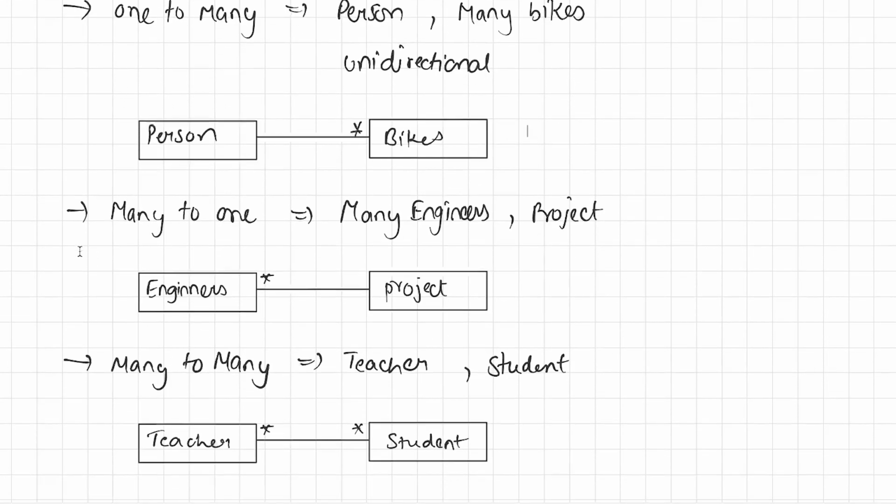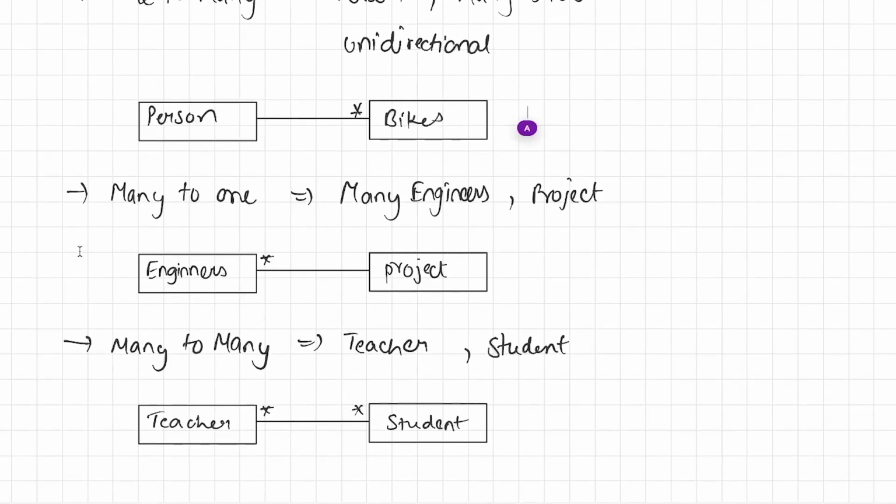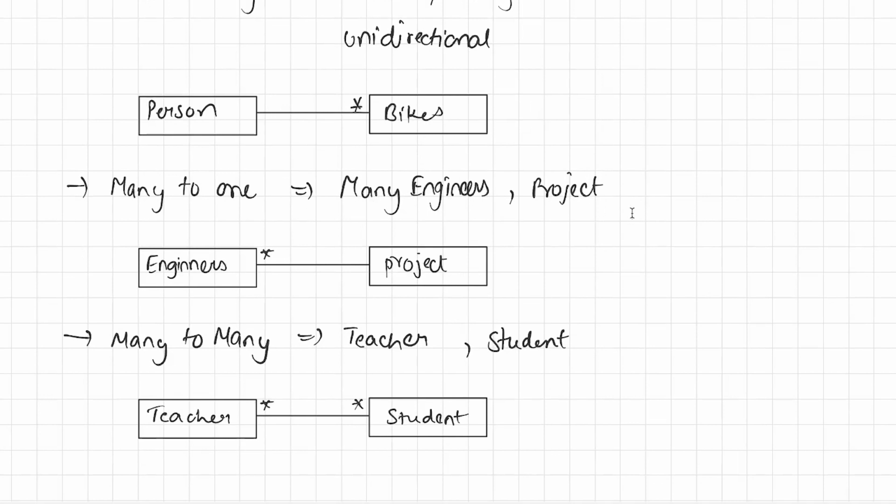Now the next type of relationship is many-to-one relationship. Let's understand this relationship with this example. So we have many engineers and we have one project. So we can say that many engineers can work on one project. Make sense? Now how to represent this type of relationship using UML? So we have one class here, engineers, and we have one class project over here.